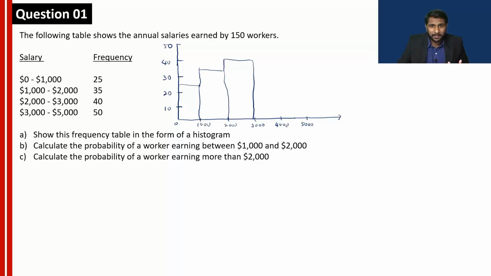Then to show a frequency of 50, you have to take a height of only 25, because as I said clearly, in a histogram only area will represent the frequency.